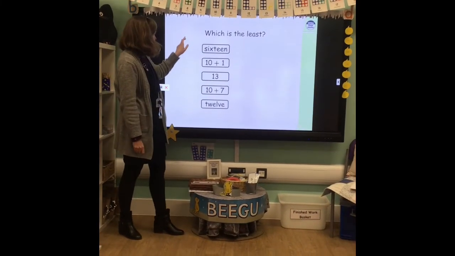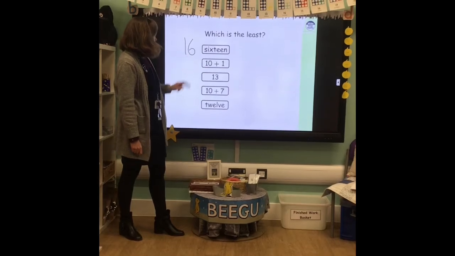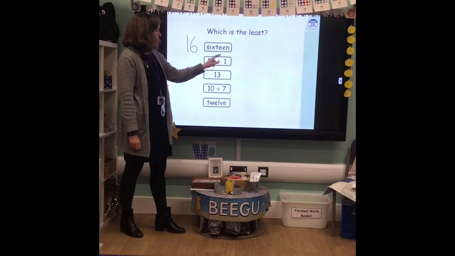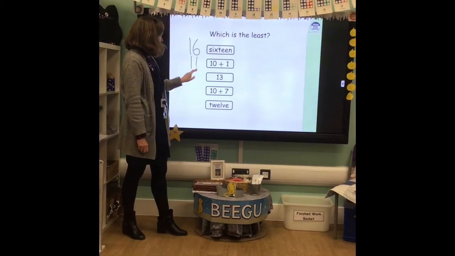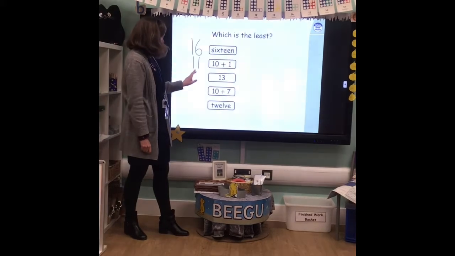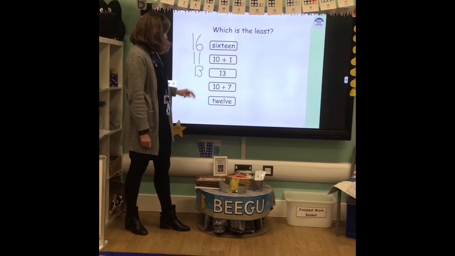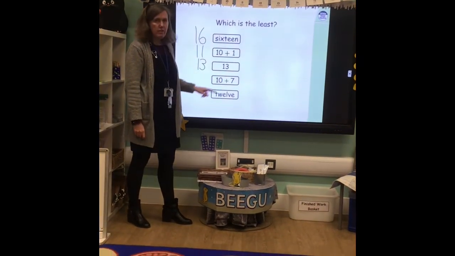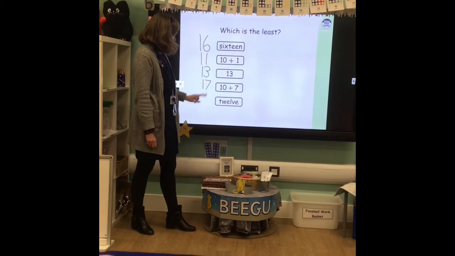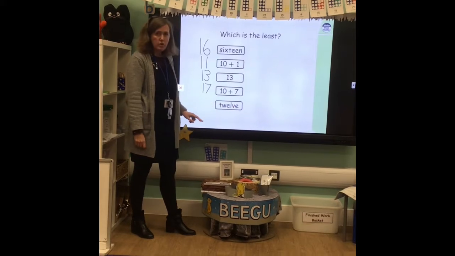Now we've got 10 add 1. Can you remember? It was 11, wasn't it? And what was this number here? Can you remember? It was 13. And then we've got 10 add 7. Can you remember what that number was? 17.